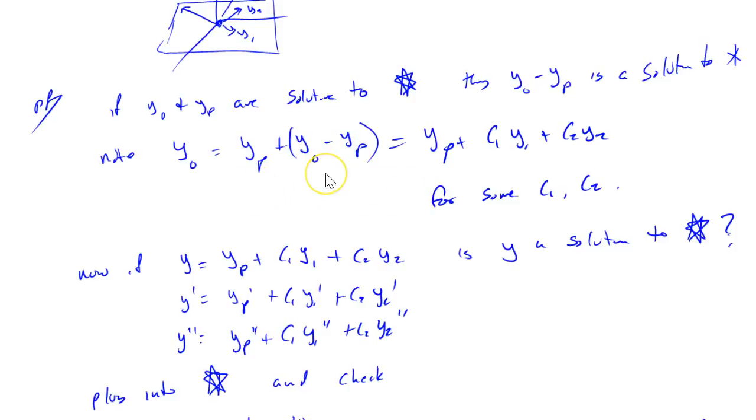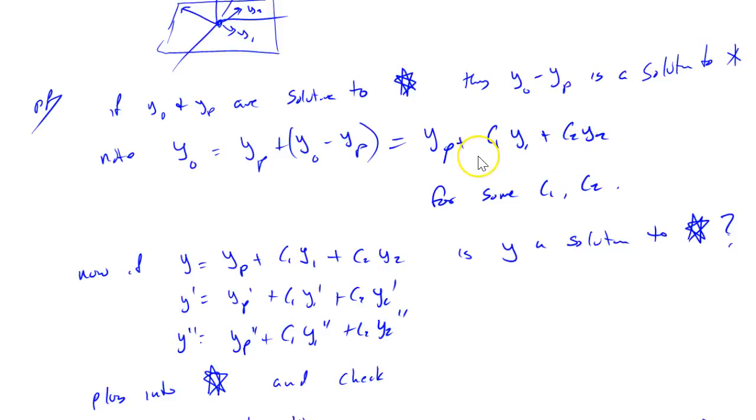This is just basic algebra: if you take y0 and add yp to it and subtract yp from it, you get y0 back again. And now from the previous theorem we have that this difference is a solution to the homogeneous equation. So I'm going to write the stuff in parentheses as a linear combination of y1 and y2, which were my fundamental set of solutions for the homogeneous equation.